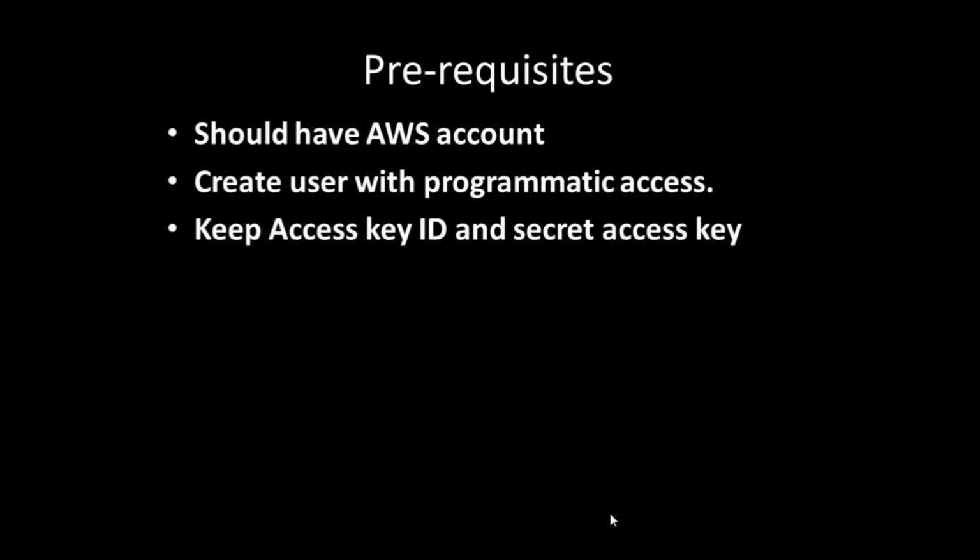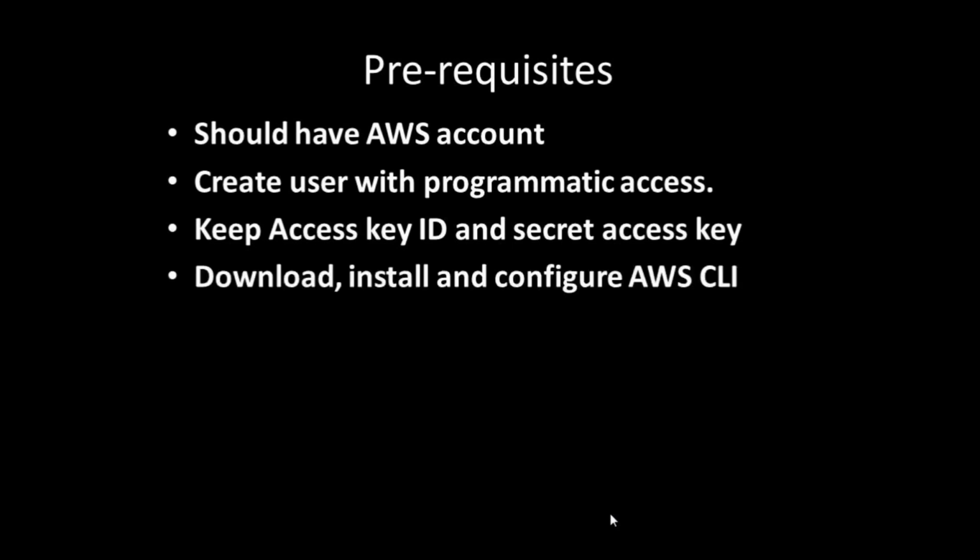Once you create a user and give programmatic access, AWS generates an access key and a secret access key, which is required for you to interact with any of the AWS services. You can download this and configure it, and that same thing will be used when you are trying to access any of the AWS services.